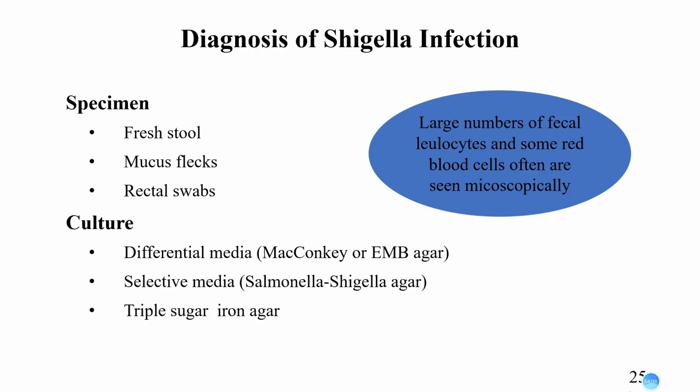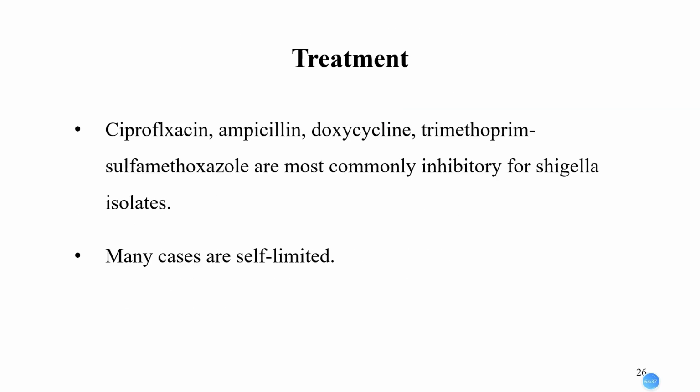And we can culture the bacteria with differential medium, such as MacConkey or EMB agar, or selective medium, that's the SS agar, Salmonella Shigella agar, or the triple sugar iron agar. It's also a specially designed agar for Shigella. This medium, we don't have it in our lab, but in the hospital, they might have it.